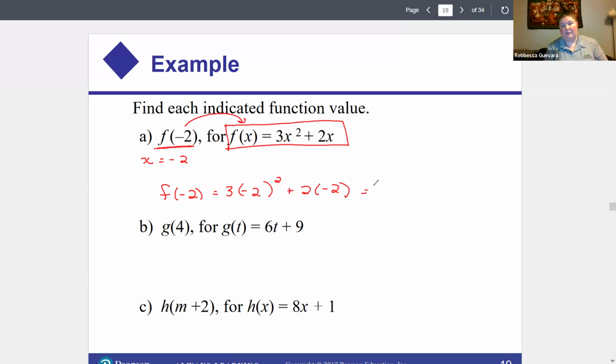So we got 3 times negative 2 squared, so negative 2 times negative 2. Remember, that's going to be a positive 4. This is 2 times negative 2, that will be negative 4. So we got 12 minus 4, which will be 8. So what we could say is this: f of negative 2 equals 8.